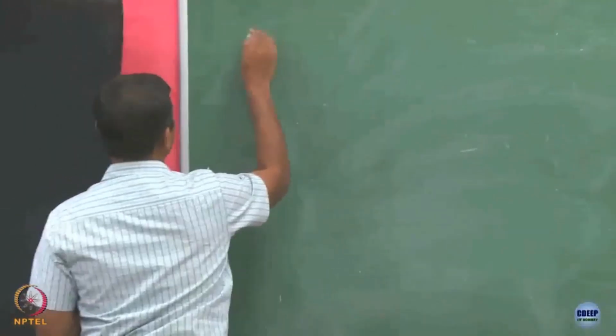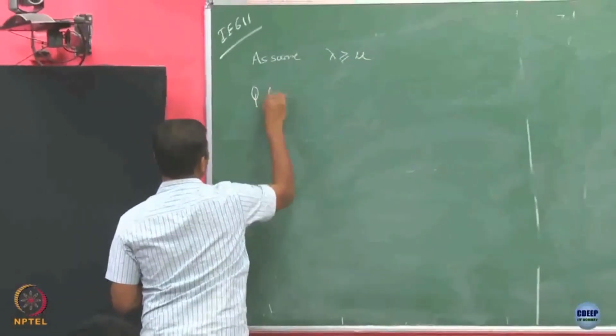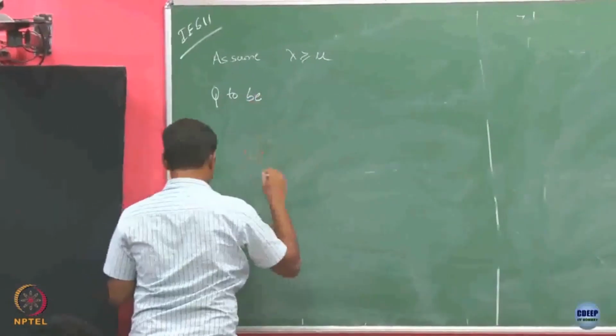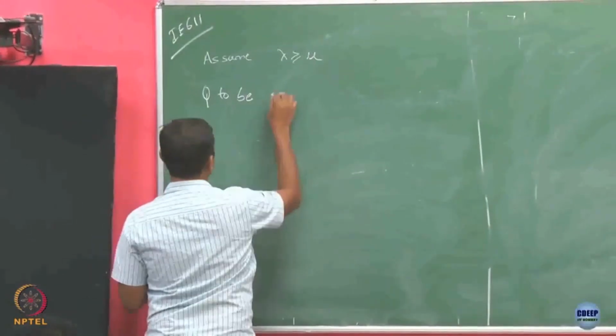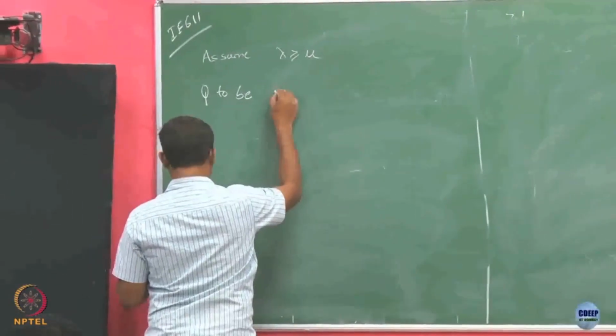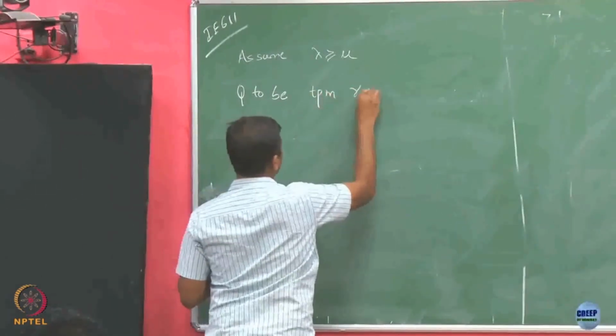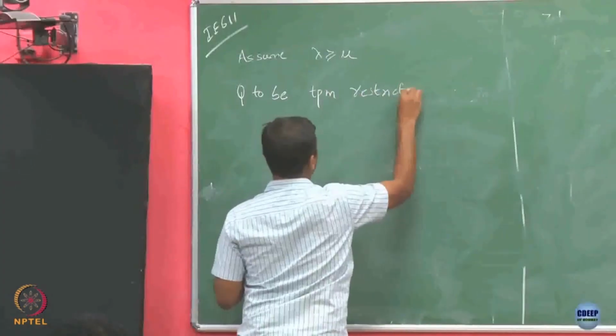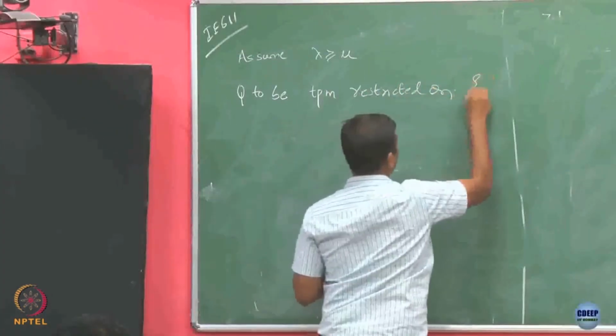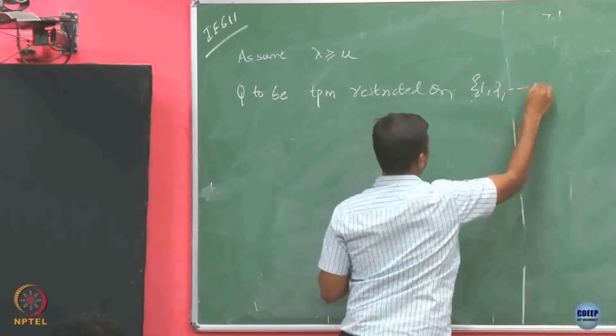So, now consider Q to be the TPM restricted on states 1, 2, and so on.